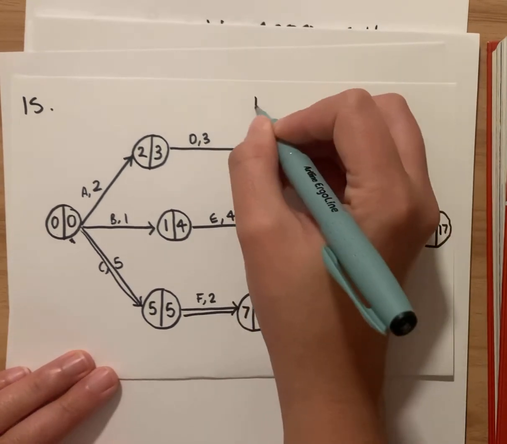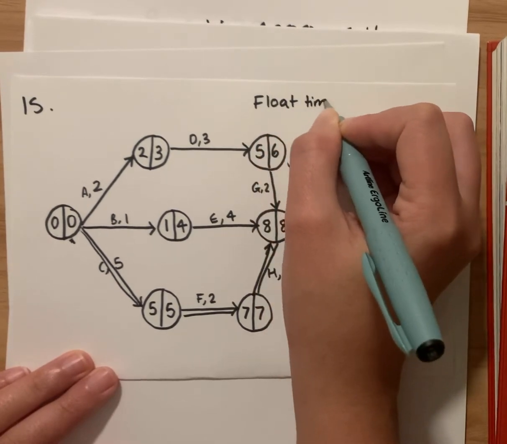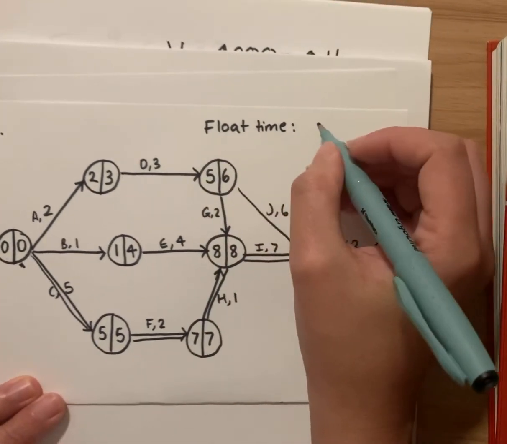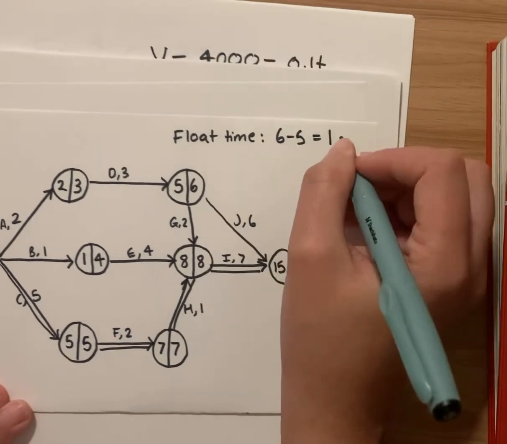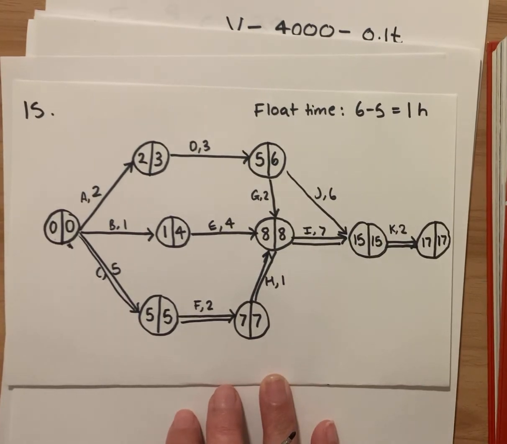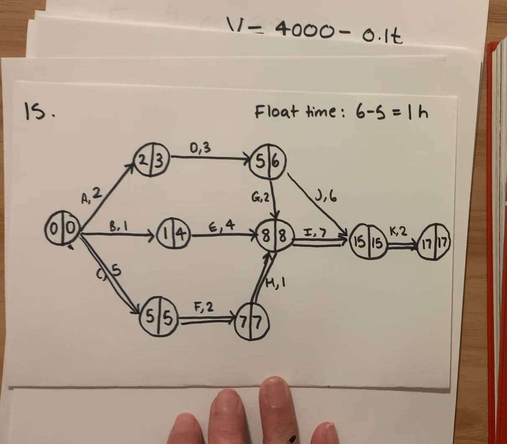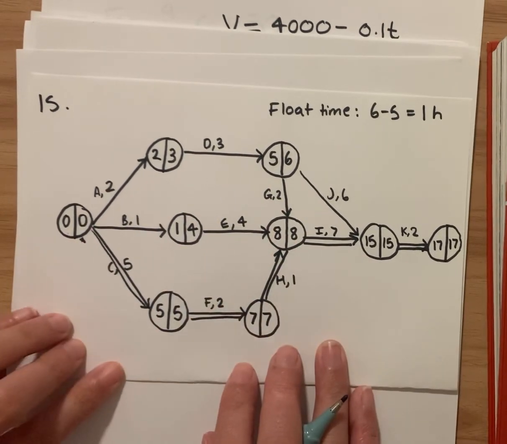So that means it's got a float time of 6 minus 5, or 1 hour. It's got a float time of 1 hour. So that means that we can actually delay this activity by 1 hour and it's not going to affect the total time for this process to be completed.